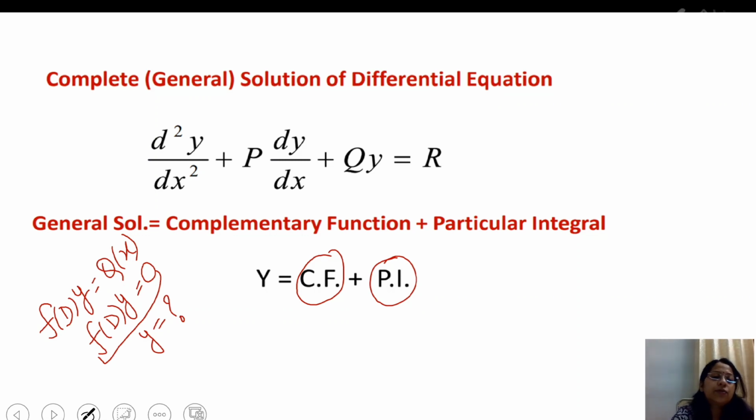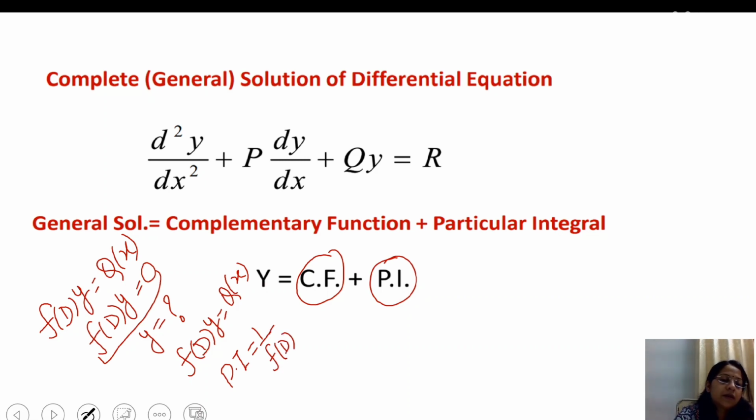Okay, now coming to PI. While finding out PI, we take the complete differential equation as f(D) y is equal to q(x), and our particular integral is nothing but 1 by f(D) times q(x). Here f(D) is a polynomial in the differential operator D, and q(x) is mentioned here.